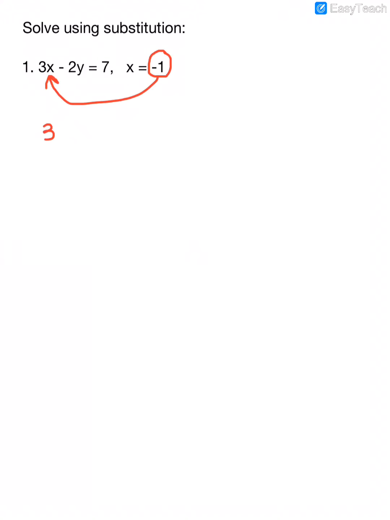So let me rewrite 3, and then I'm plugging in -1 where the x is, minus 2y equals 7. Alright, 3 times -1, that's -3, minus 2y equals 7.